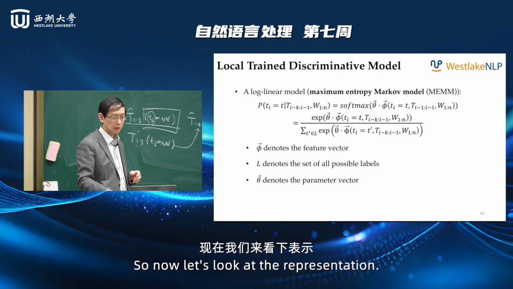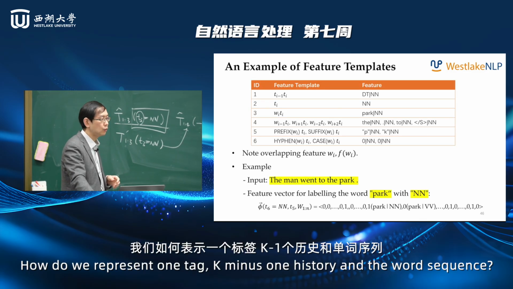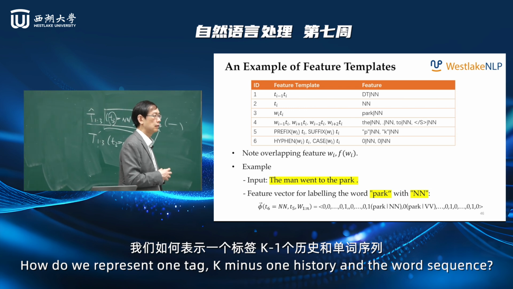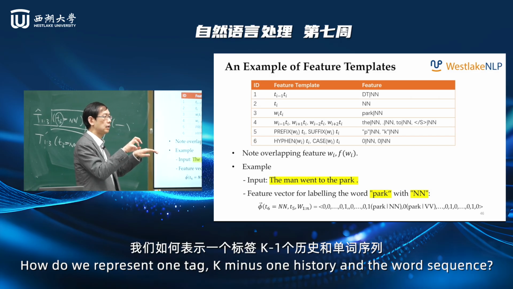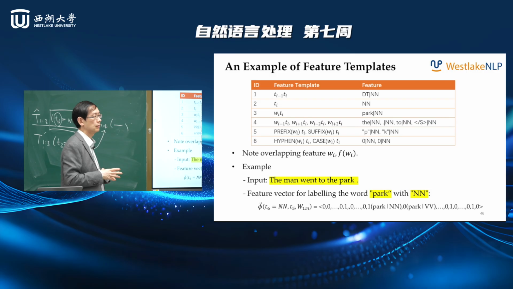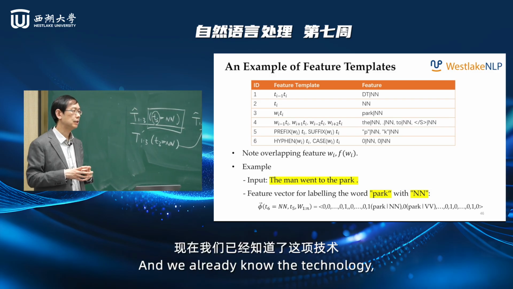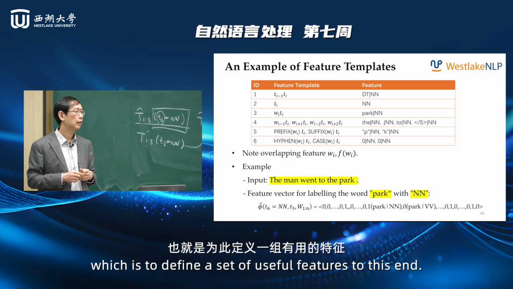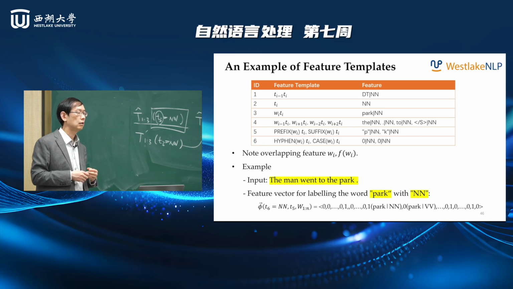Again, now let's look at the representation. How do we represent one tag, k minus 1 history, and the word sequence? We already know the technology, which is to define a set of useful features to this end.